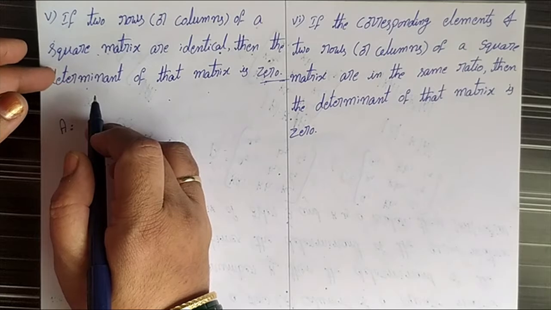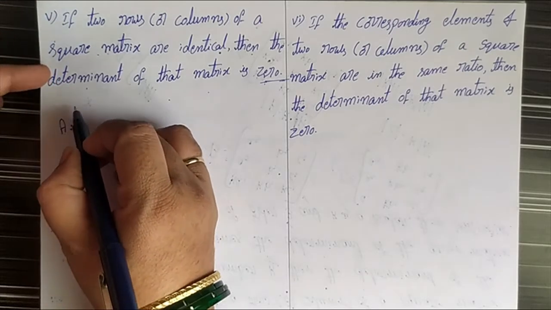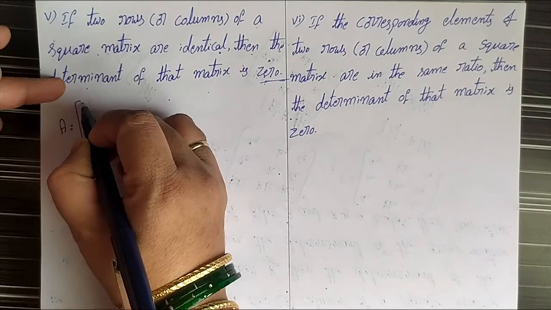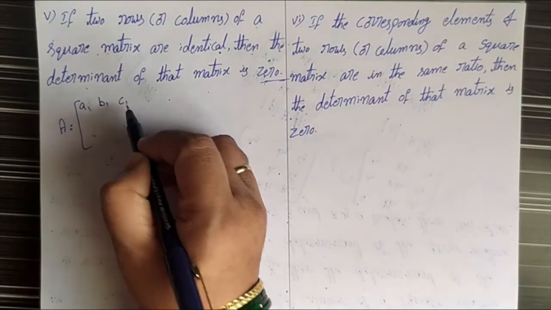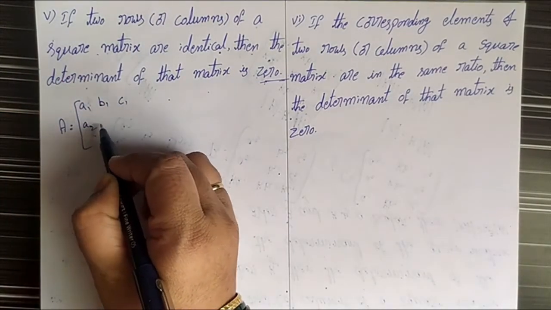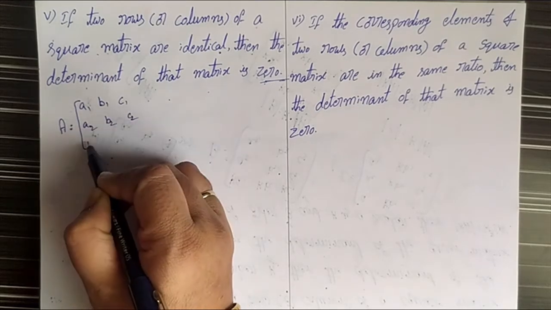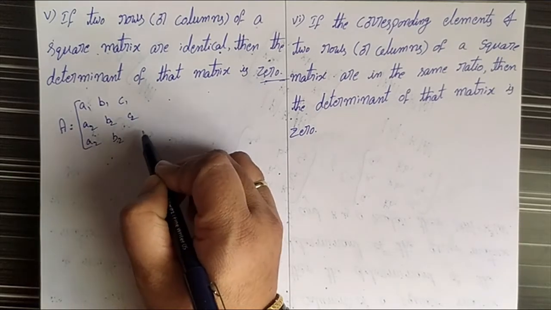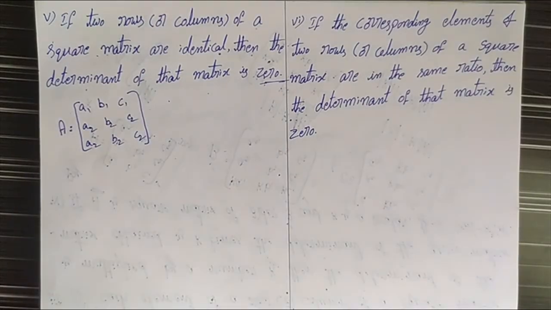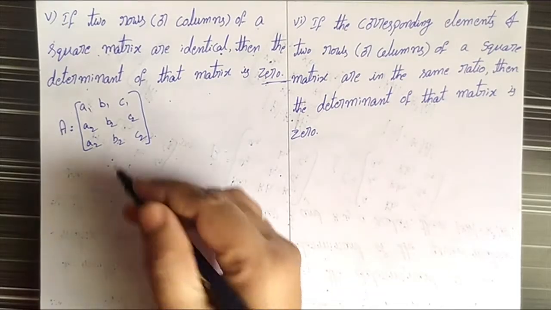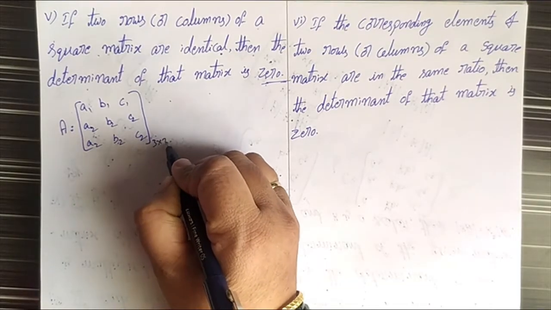Fifth property is that if let A equal to the matrix with rows a1 b1 c1, a2 b2 c2, a2 b2 c2. This is matrix A of order 3 by 3.